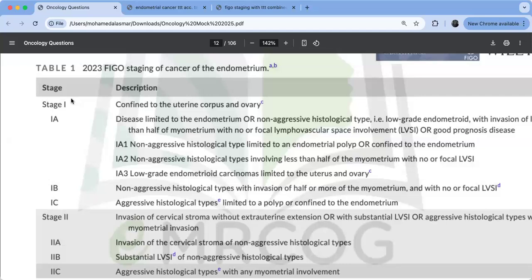So let's see, what is stage 1 in endometrial cancer nowadays? Stage 1 is confined to the uterine corpus or the ovary, and we will discuss the point of the ovary, because this is special for the endometrioid tumor. So 1A is now subdivided into 1A1, 1A2, and 1A3, where 1A1 is a non-aggressive histological type.